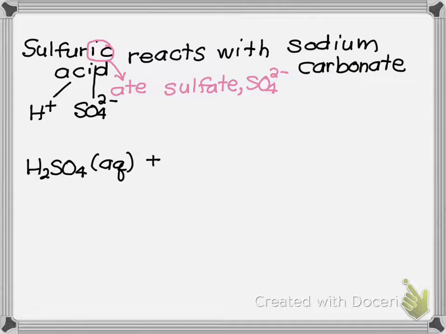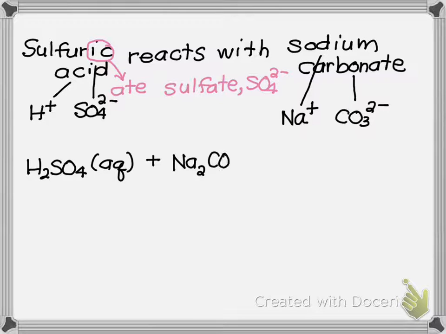Now it's going to react with sodium carbonate. So sodium is an alkali metal, which is the first group, so it has a 1+ charge. And carbonate is CO3 2-. It's a polyatomic ion. So looking at the charges, I would say that it's going to take 2 sodiums to balance the 1 carbonate. And we have solutions, which means it's aq. Now if we were going to predict what it would form, in a double displacement reaction, they switch partners.